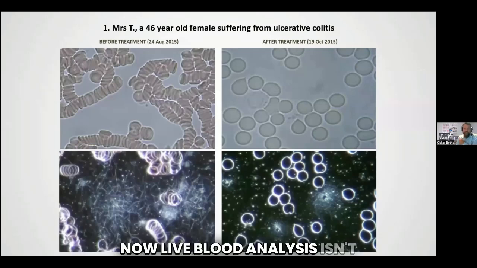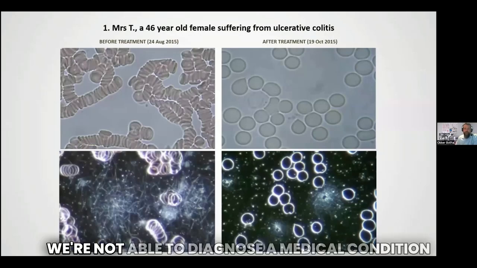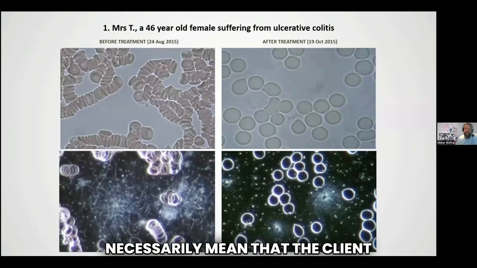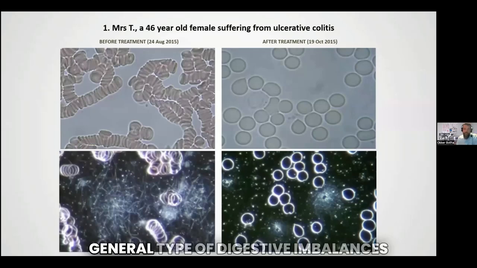Now, live blood analysis isn't used as a diagnostic tool. We're not able to diagnose a medical condition based on what we're seeing in the blood. So if we're seeing a picture like we have on the left-hand side, it doesn't necessarily mean that the client has ulcerative colitis. It relates to broader, more general digestive imbalances.